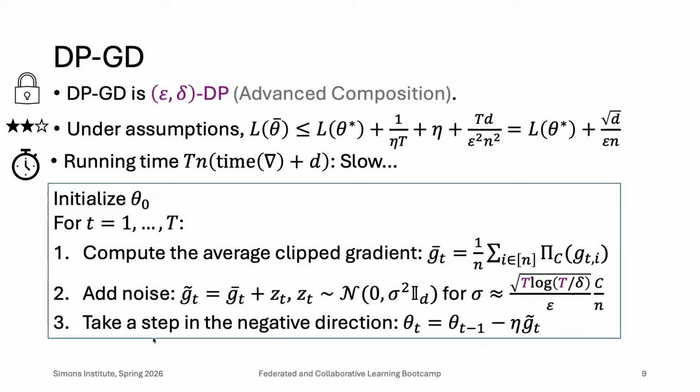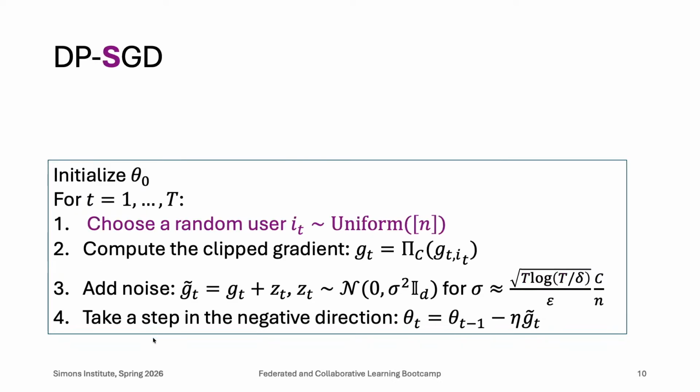The next question would be, okay, can we do this faster? And there comes stochastic gradient descent to solve this problem. Basically, stochastic gradient descent does the following. The only change from the previous slide is the purple line. In every round, I'm sampling one user, one gradient, uniformly from the n gradients that I have.